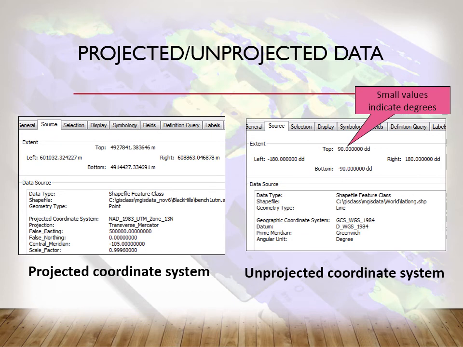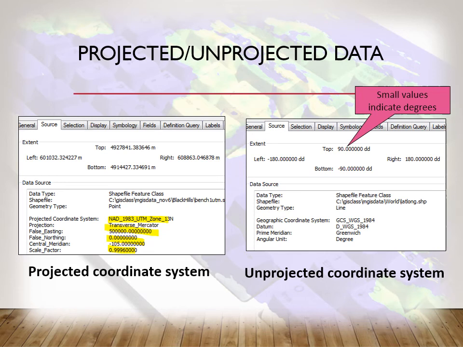So remember I told you where you're going to get that information from? Just like you would if you had to relink a data set, you would open up the properties of your layer in the table of contents, you go to source, and you can get all of this information if you are projected.